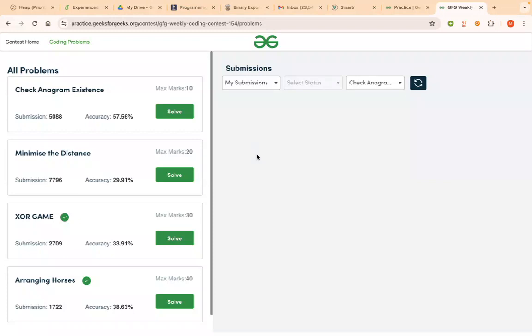So recently I did not participate in the LeetCode weekly contests. Also in the GFG contests I tried, but I could not make it.